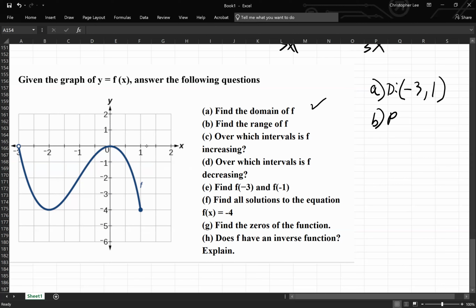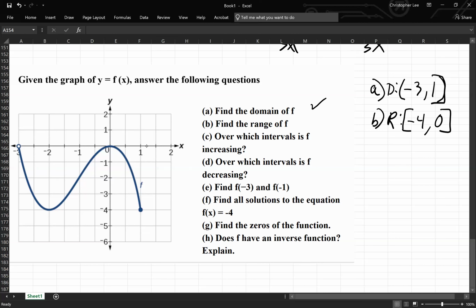For B, our range, we're going to go from -4 all the way up to 0. All right, so the bracket on that one, sorry. So I'm going to go from -4 up to 0 bracket. That's my range.